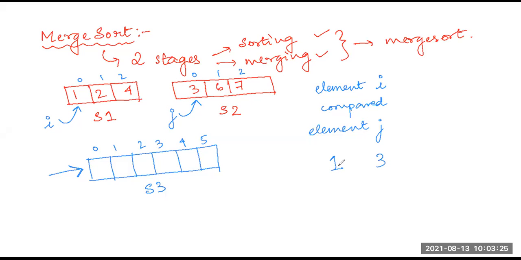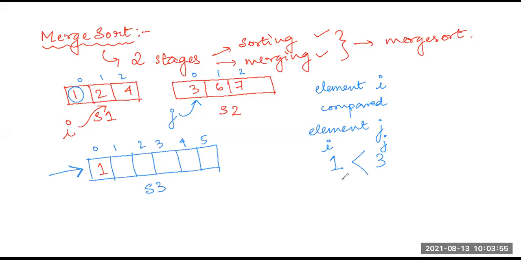Now which is smaller between 1 and 3? Obviously 1 is smaller. So since 1 is smaller, I will simply copy 1 from S1 to S3. And since I have copied the element from S1, I will increment my counter. Now my I will refer to the next element in my array.